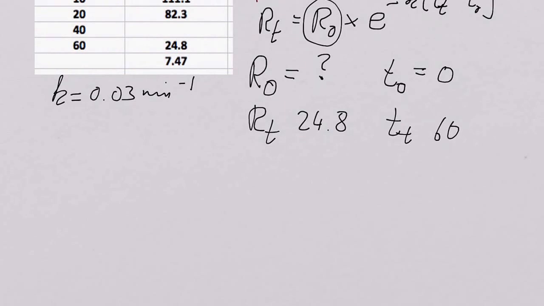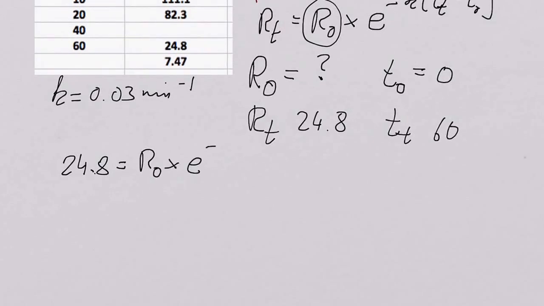So R_T is 24.8, which equals what we are looking for, R_0, times e to the power of minus 0.03, and we have 60 minus 0.